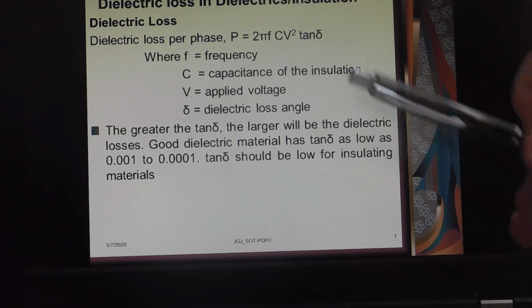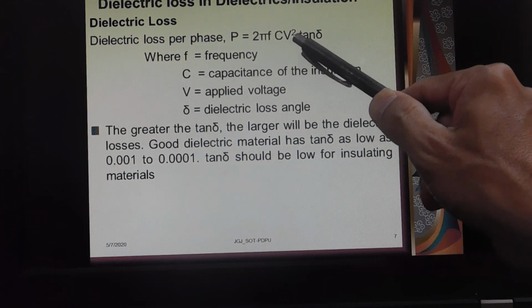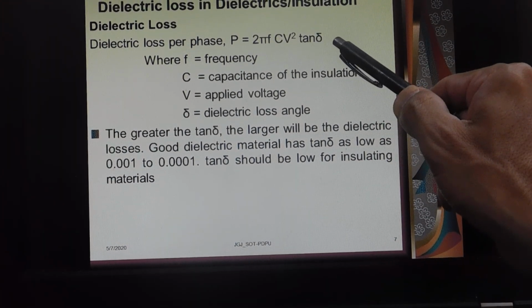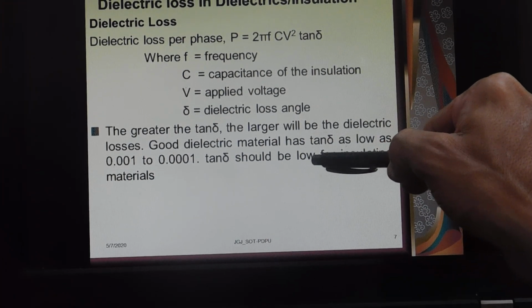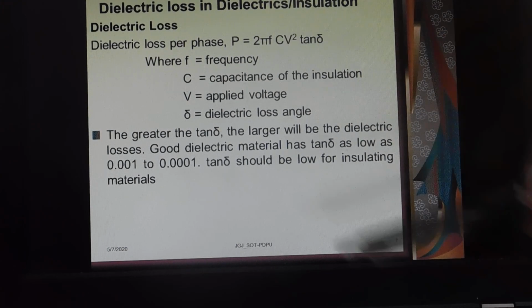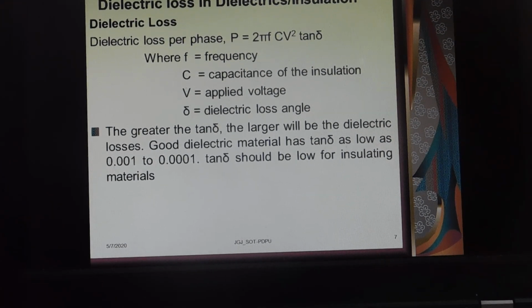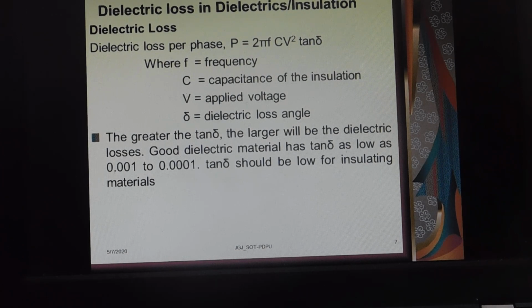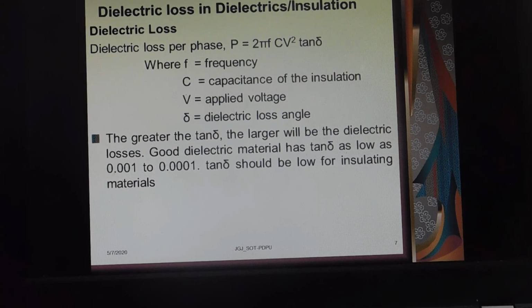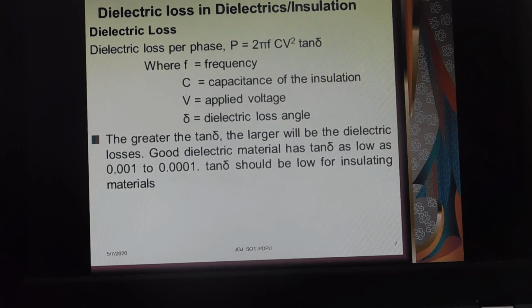The dielectric loss P is equal to 2 pi f C V square tan delta, and tan delta should be as low as possible. For good insulating materials, the value of tan delta may be between 0.0001 to 0.001.